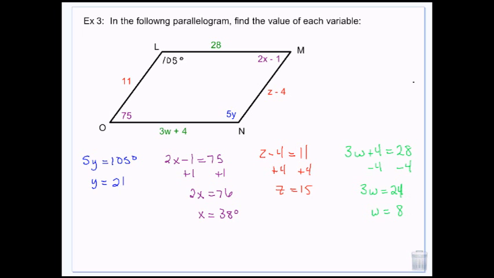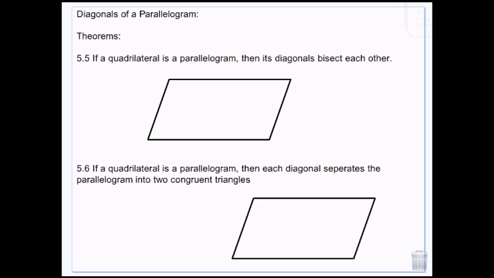So the parallelogram. We talked about diagonals with regular shapes, but we have special features of the diagonals. If you have a parallelogram, your diagonals bisect one another. That means these two are the same length, and these two are the same length.